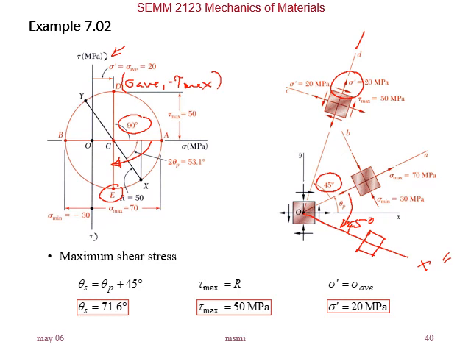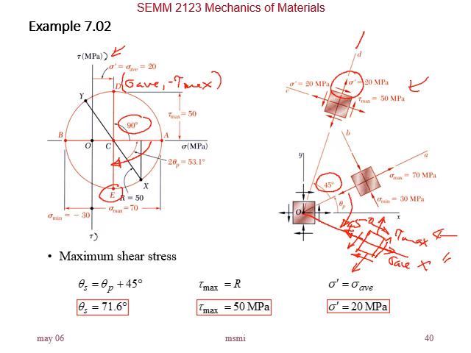And then you have your sigma average, you have your tau max, and sigma average. You have all the same thing. Now if you draw carefully, you'll find that this and the one up here are the same stress element, right?